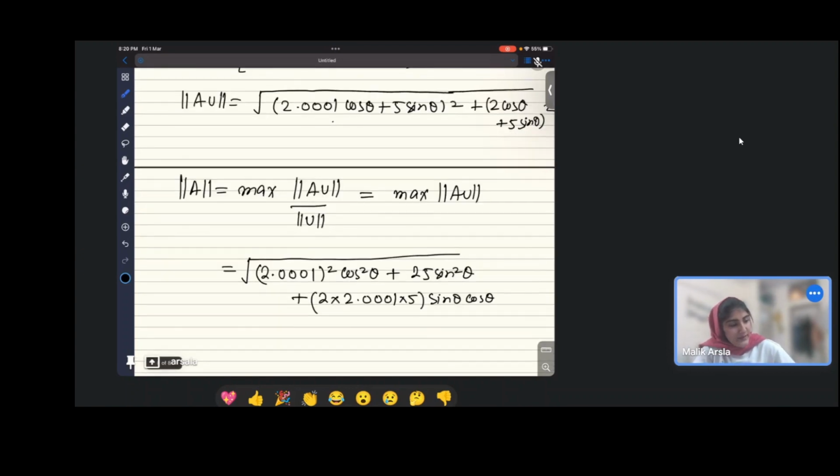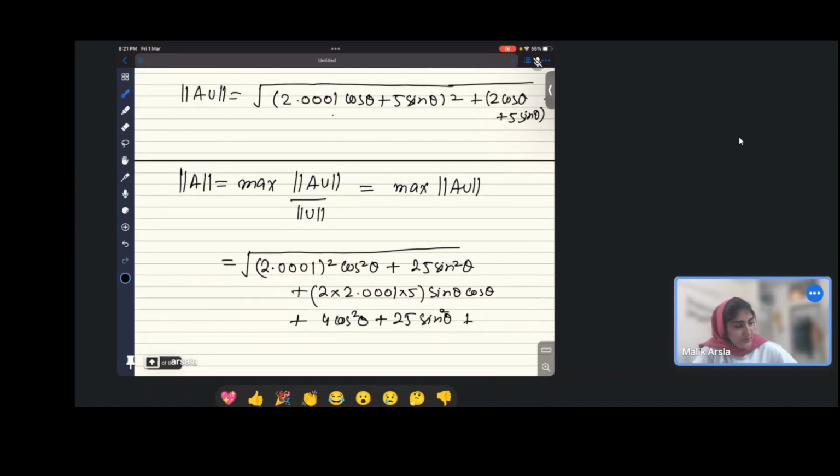Then the second term will be 4 cos square theta plus 25 sine square theta plus 20 sine theta cos theta. Is it correct? Okay, it's fine.